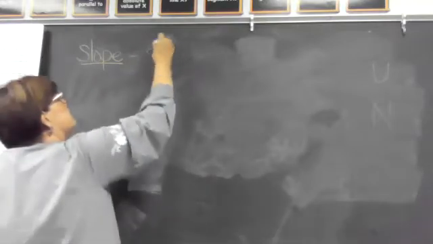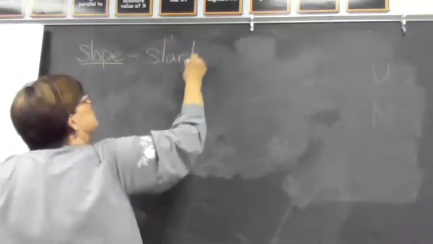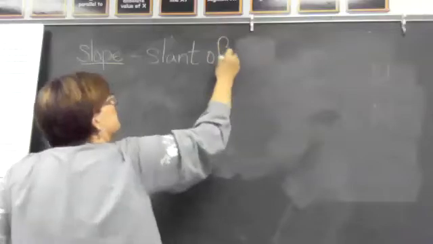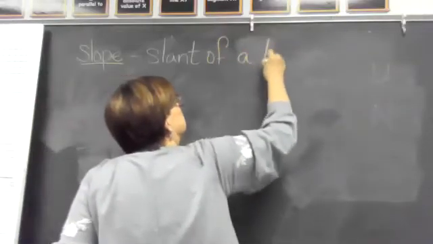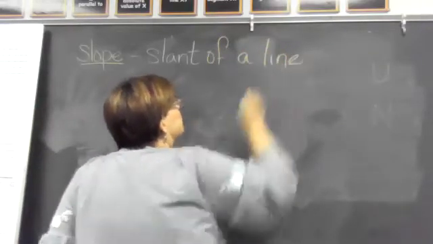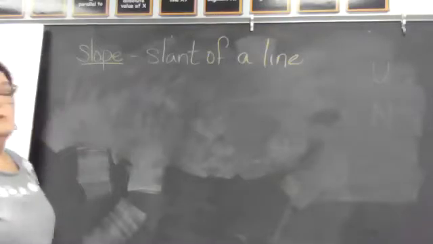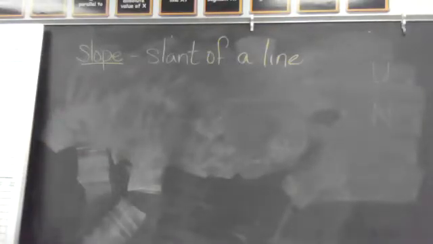Slope. Definition of a line. Okay, easy enough. The slope is defined as the slant of a line.